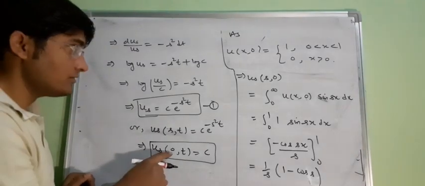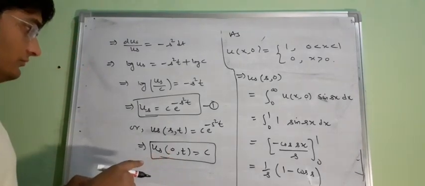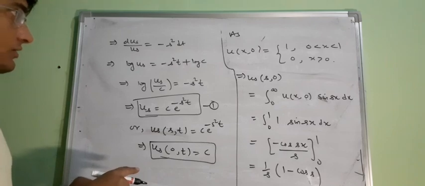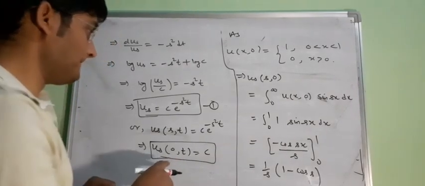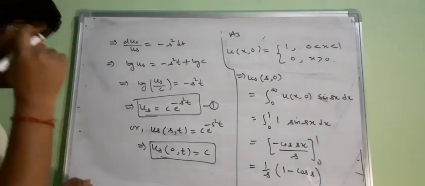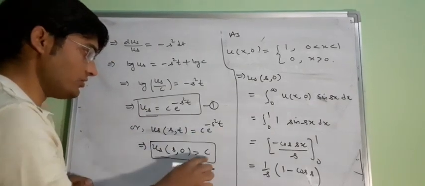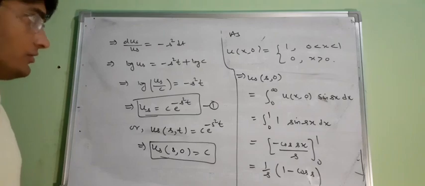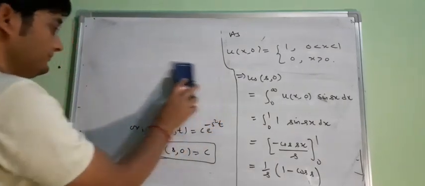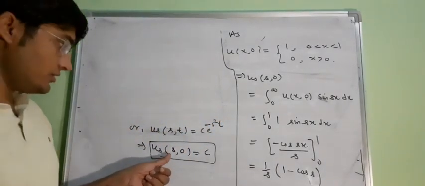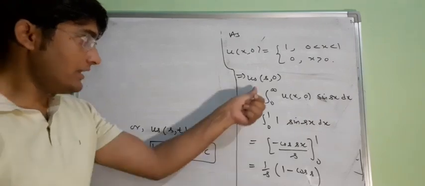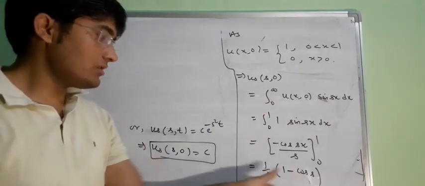Now us, this is when t equal to 0. Now if t equal to 0, then this will be your c. Thus you can see that here your us0 is c, and here your us0 is this one.